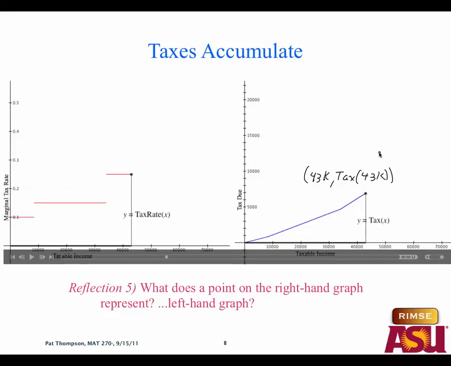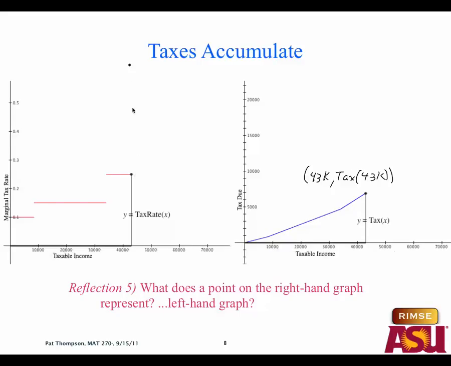What about the left-hand graph then? Over here on the left-hand graph, what does that point represent? It represents the tax rate at a given income. Same income now, 43,000. We know the value of this one.